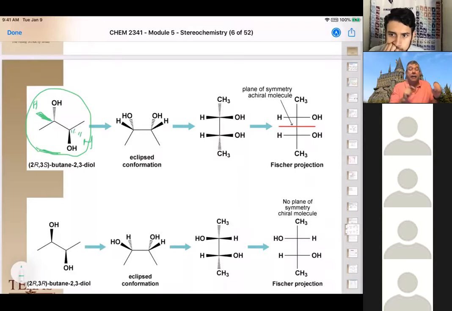Now, the second thing we need to do in our Fischer projection is get our carbon chain to be eclipsed because we want that carbon chain to be in a straight line, okay? So we have to rotate this bond around, which rotates our alcohol back and our hydrogen forward. So now we have our methyl groups right here.